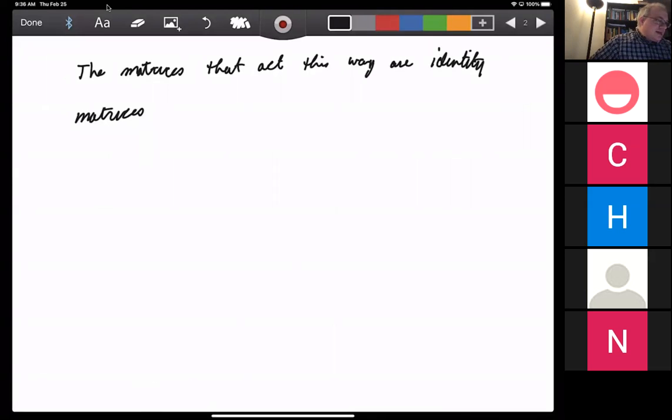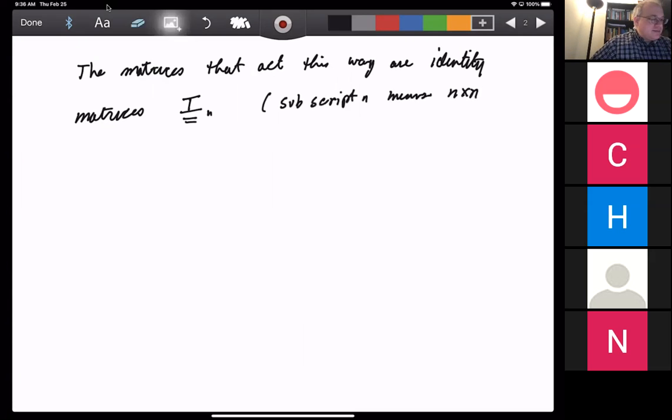So the matrices that act this way are called the identity matrices. We give them the symbol capital I. Sometimes we do a sub n. The subscript n means the n by n identity matrix.